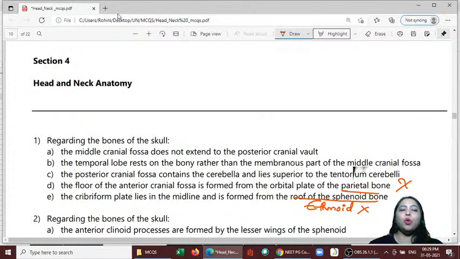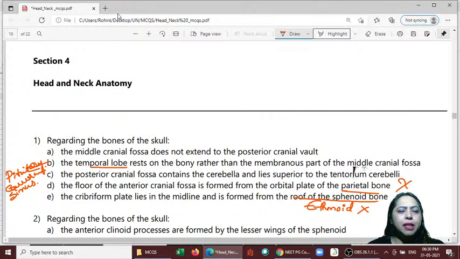The temporal lobe rests on the bone rather than the membranous part of the middle cranial fossa. In the middle you have the pituitary gland and then the cavernous sinus.